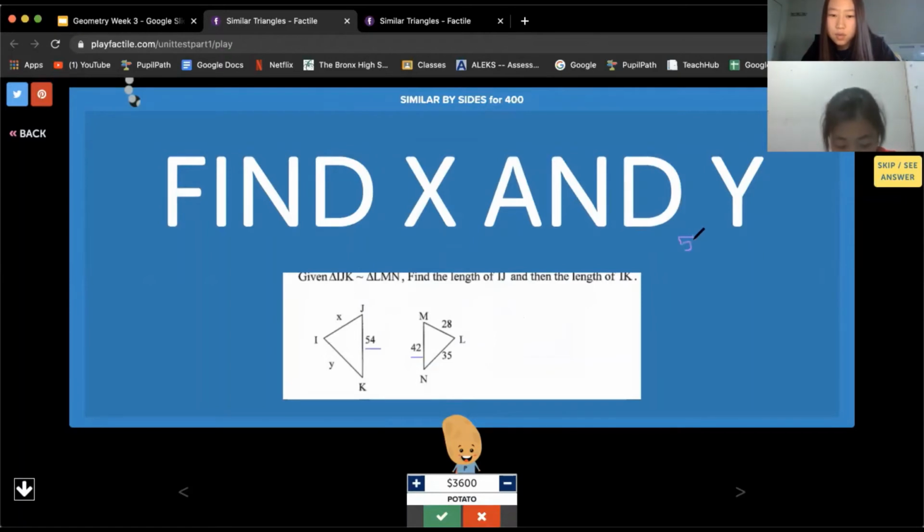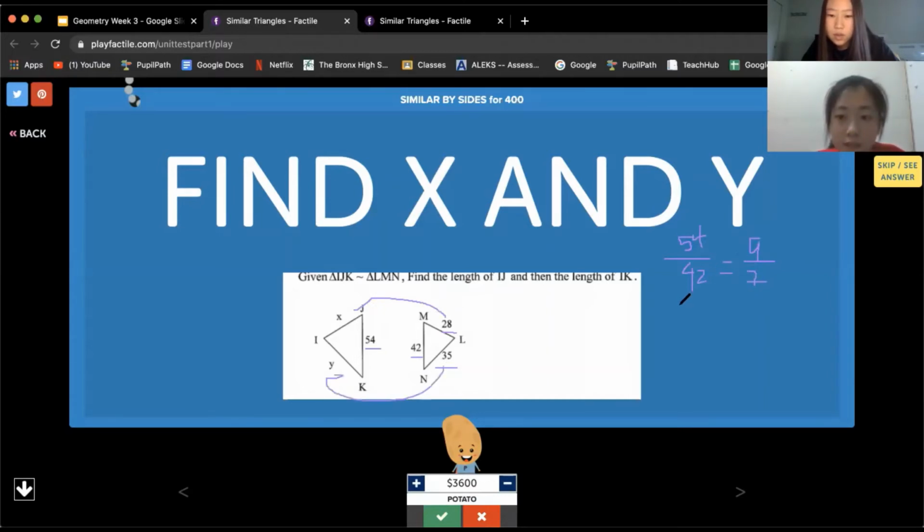So 54 divided by 42, you get 9/7. So you would multiply 9/7 to 28 and to 35 to find x and y.